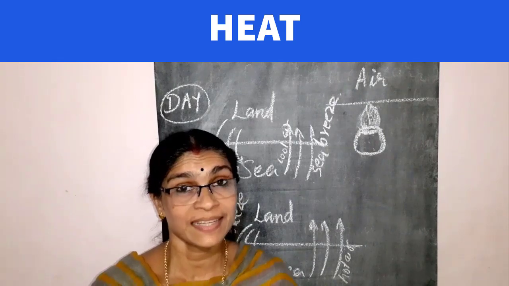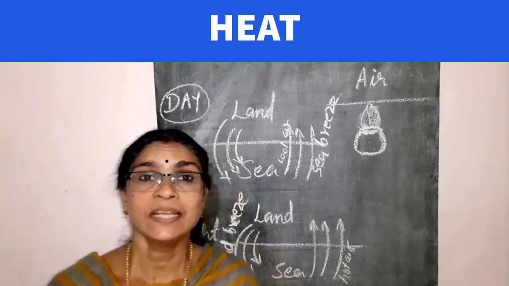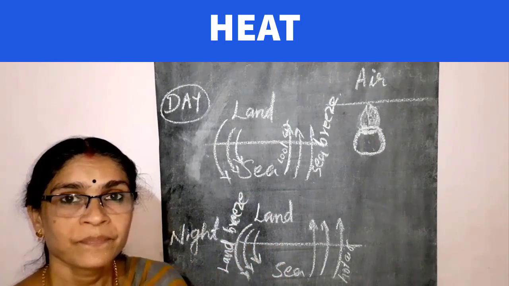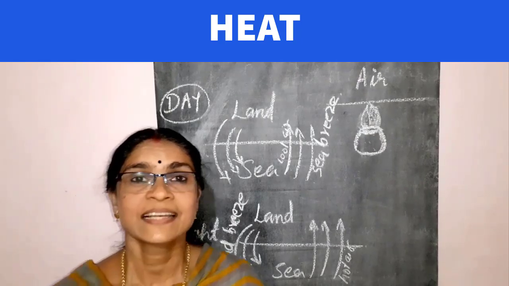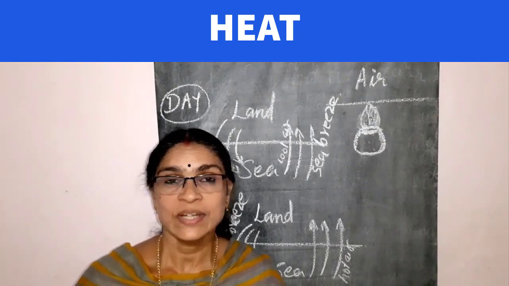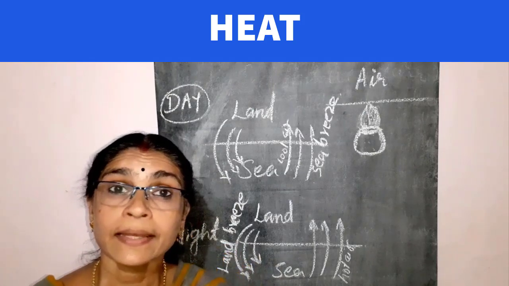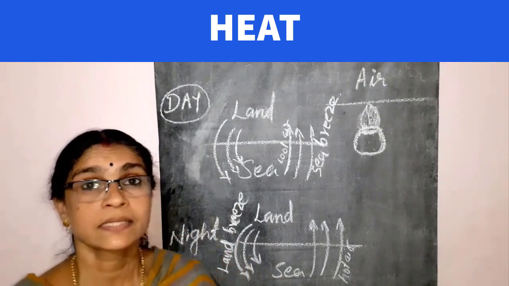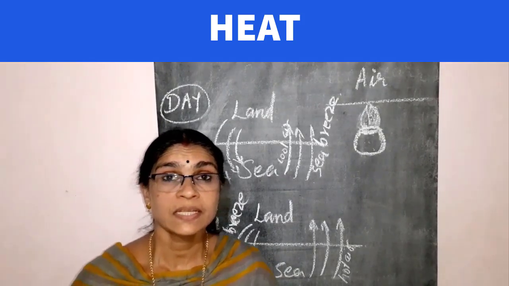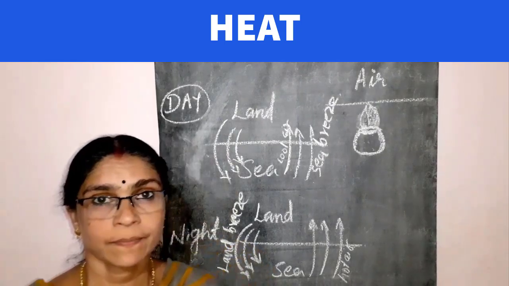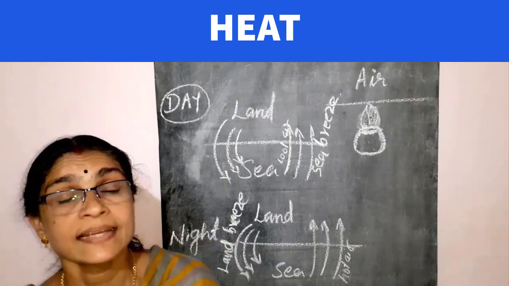And now we discussed 3 types of heat transfer. One is conduction. Through solids, liquids and gases also conduction may take place, but in solids it takes place very fast compared to liquids and gases.